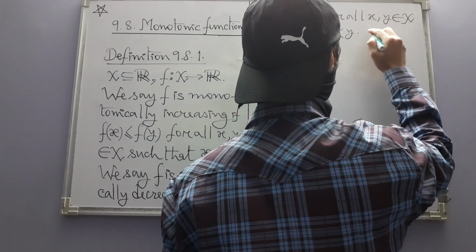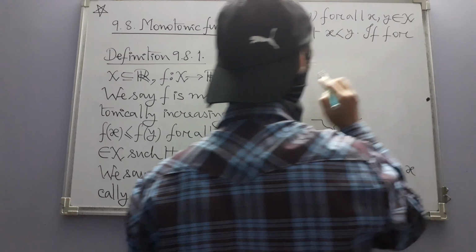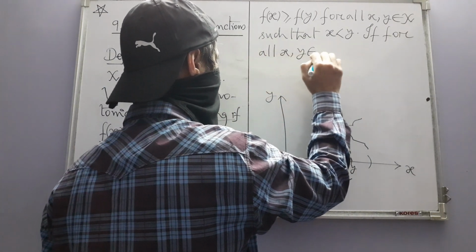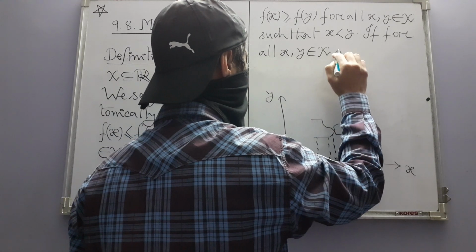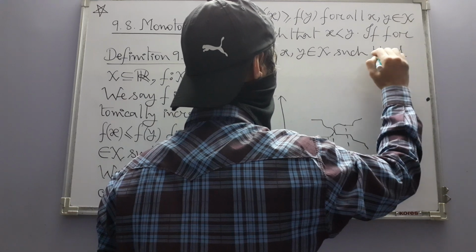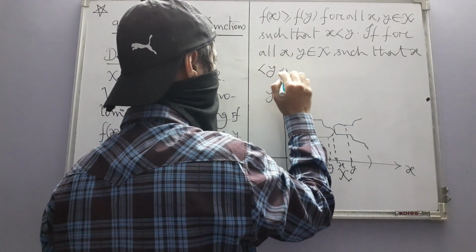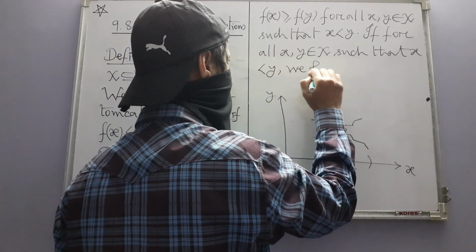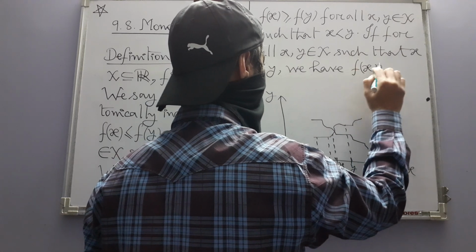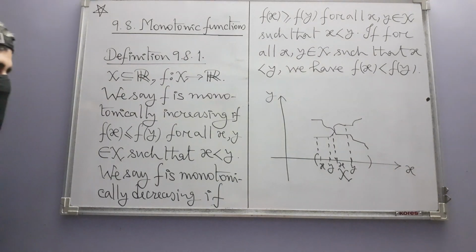Now, if for all x and y in x such that x is less than y, we have f of x strictly less than f of y.